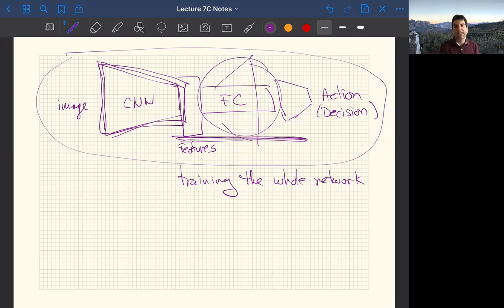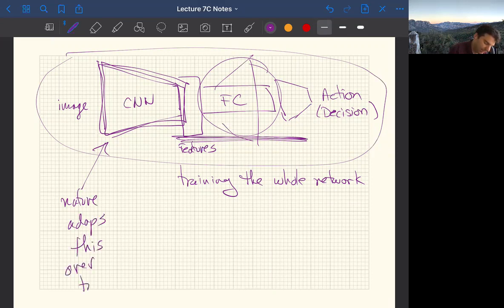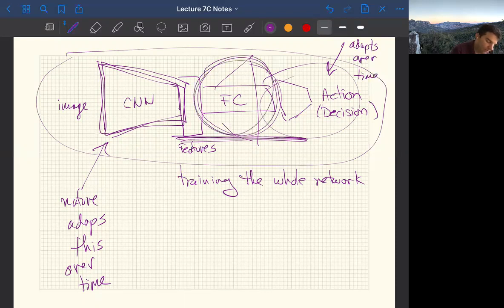And so it is a way to link feature extraction. We also think that nature adapts this over time. But we think there's a lot of room for the stuff in the middle to maybe be effectively random.